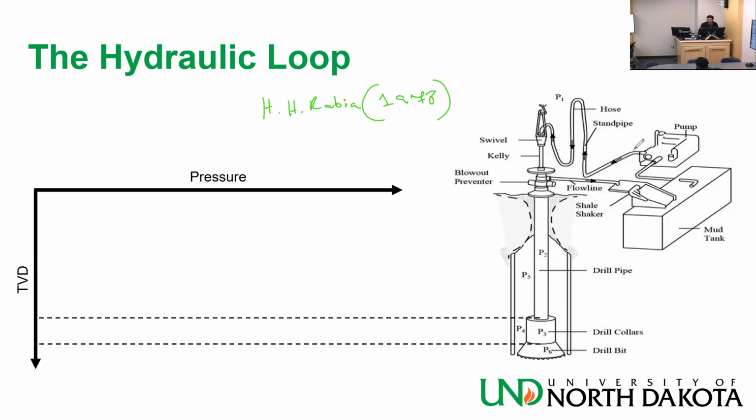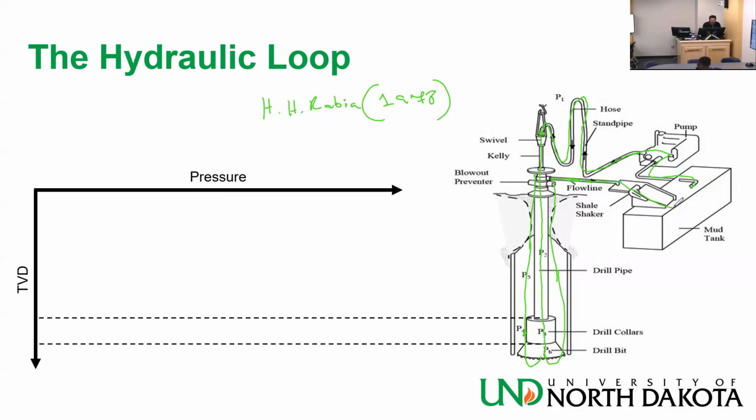So we start on the surface, out of the tanks into the pump, out of the pump into the standpipe, down the rotary hose, into the swivel, through the wash pipe, and then down the Kelly, down the drill pipe, down the bottom hole assembly, and then out of the bit nozzle, and up the annulus between the bottom hole assembly and the borehole, and between the drill pipe and the borehole, all the way up, and then you're supposed to be at atmospheric pressure here.